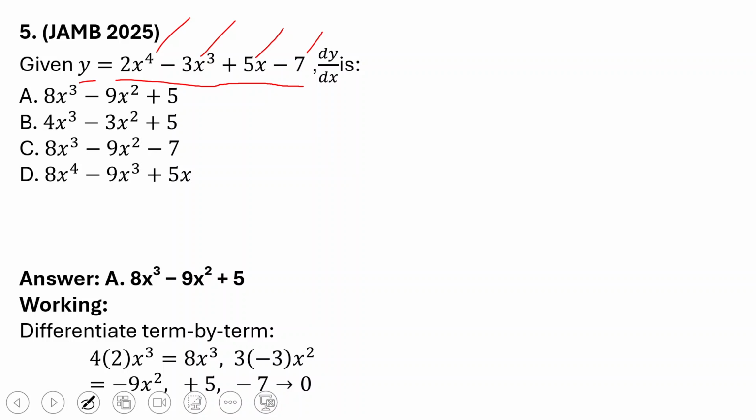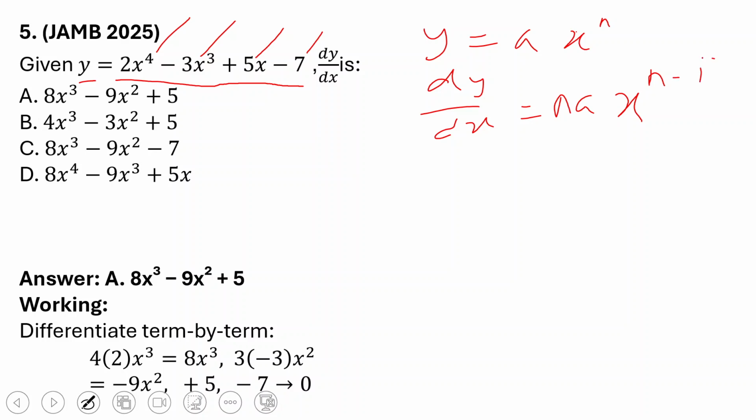Again, you use the general formula for y equals ax raised to the power n. dy dx is the power multiplied by the coefficient, na, then x raised to the power n minus 1. This is the standard differential of a function. So we go ahead with the question.